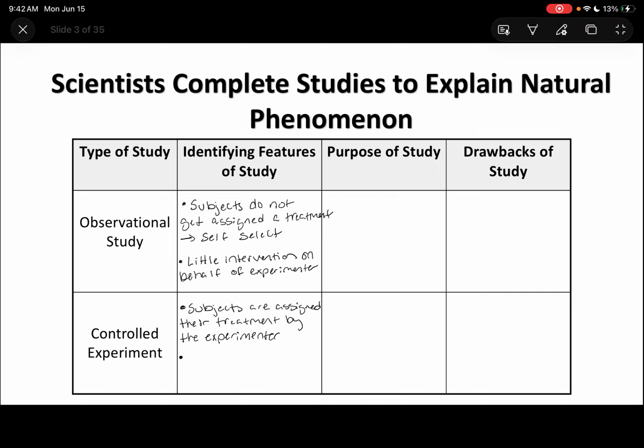Basically, what's going to happen is that the factors besides the treatment will be held constant.